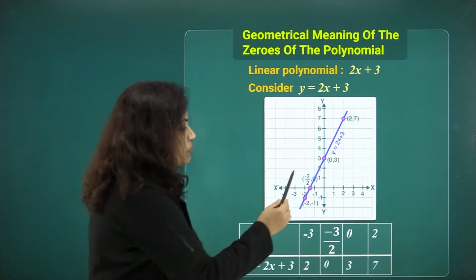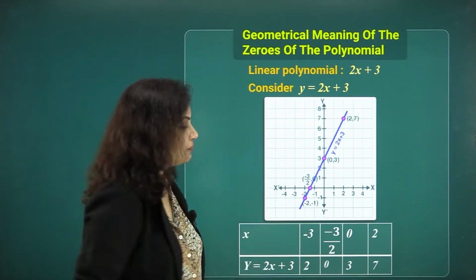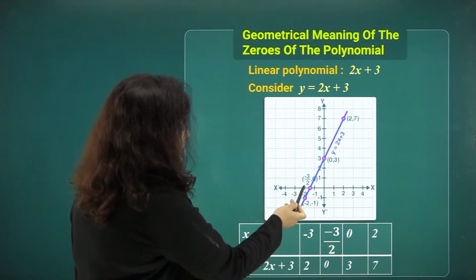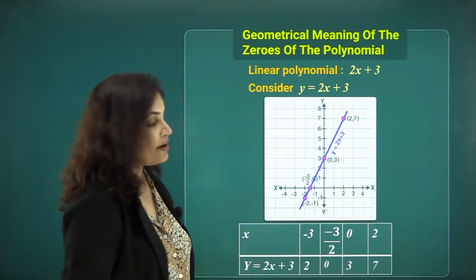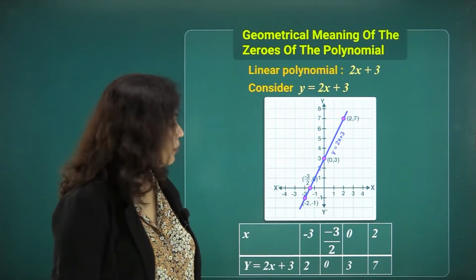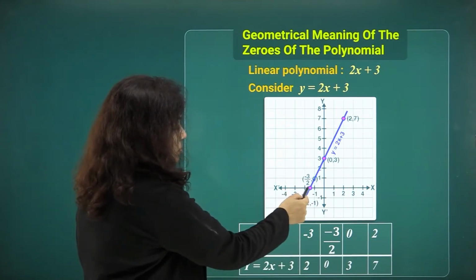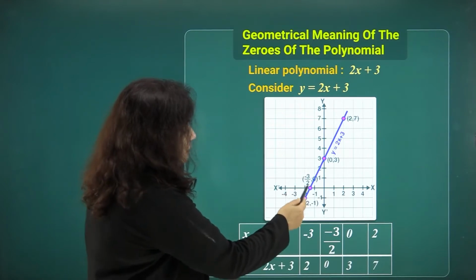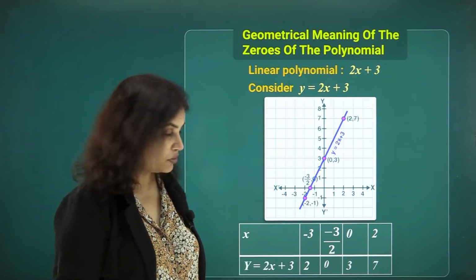The graph intersects the x-axis at minus 3 upon 2, comma 0. It intersects the x-axis at the point where the value of x is minus 3 upon 2.